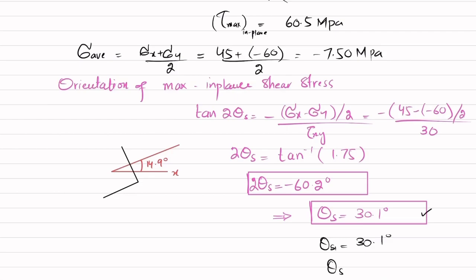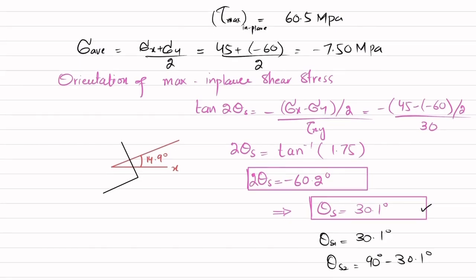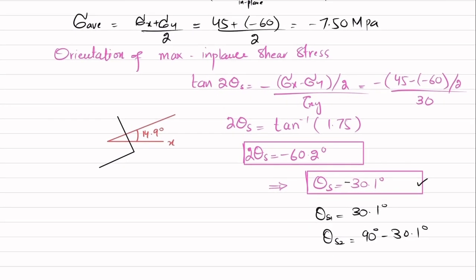So theta s2 will be equal to 90 degree minus 30.1 degree. Clear? And this angle is minus 60.9. Okay, so you will get this theta equal to 59.9 degree. This is theta s2. I will explain it in a while.